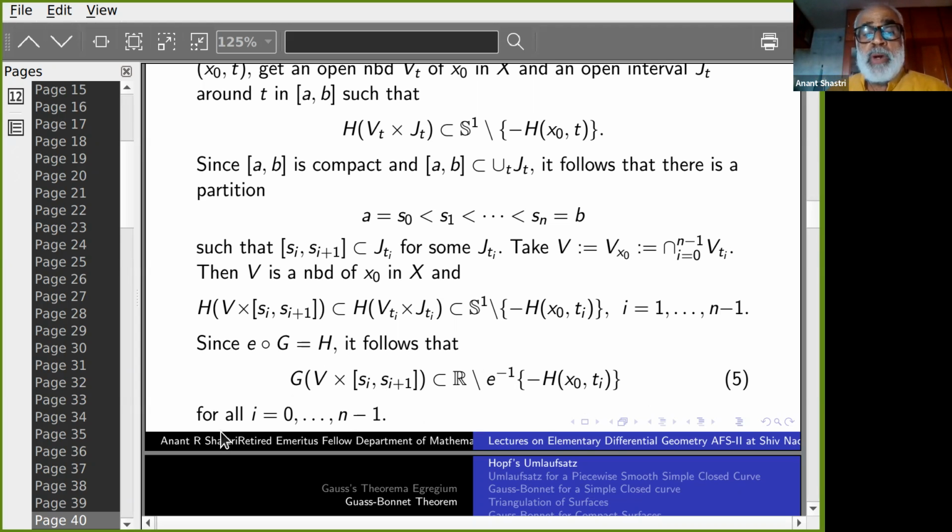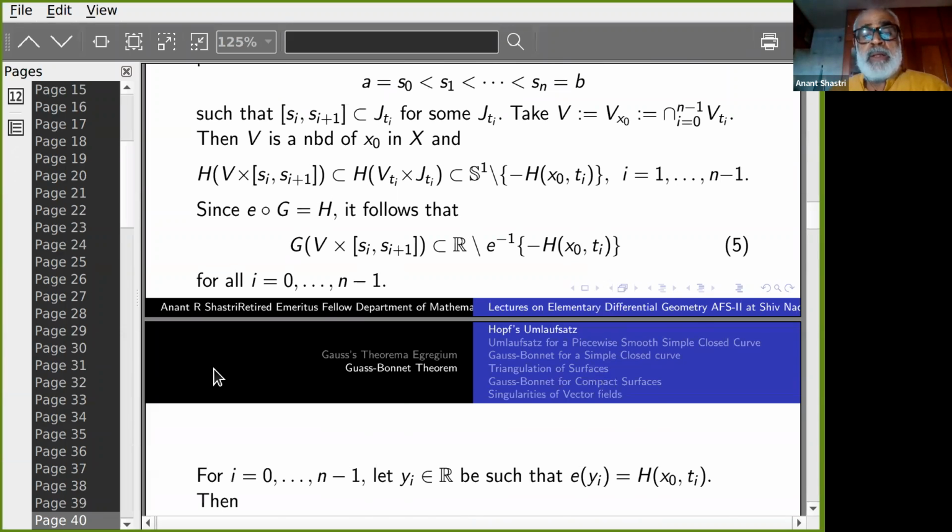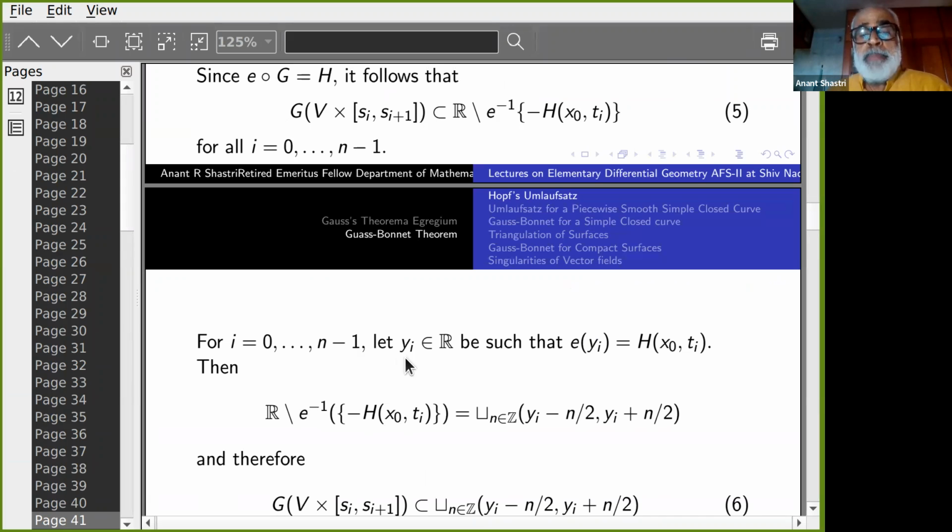This is true for i equal to 0 up to n minus 1. Remember, this picture will change as I change i from 0 to n minus 1. The points t_i could be different, but for all of them you have this picture. So for all i from 0 to n minus 1, pick a y_i in R such that E of y_i is this H of x0, t_i. You can always do this because E is a surjective function. All points of S1 can be represented by E of some value. So do that. This y_i, you choose whatever you want to choose.